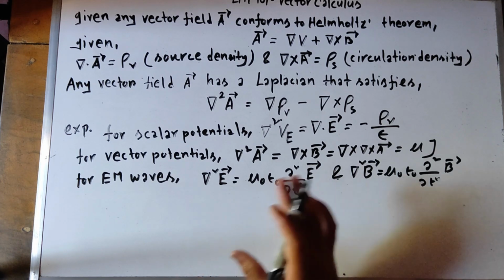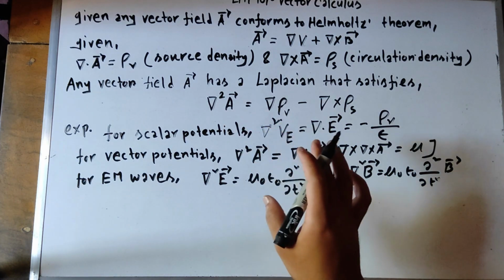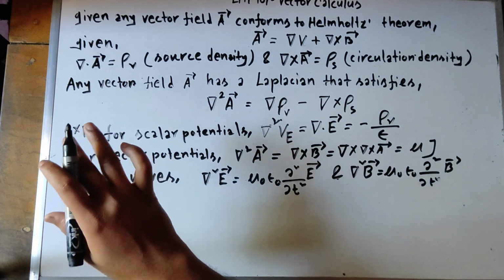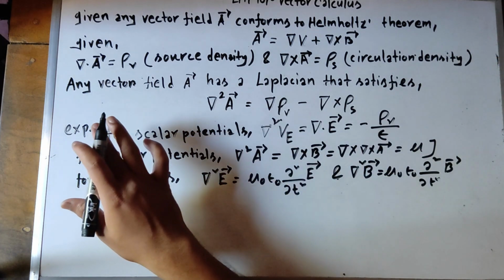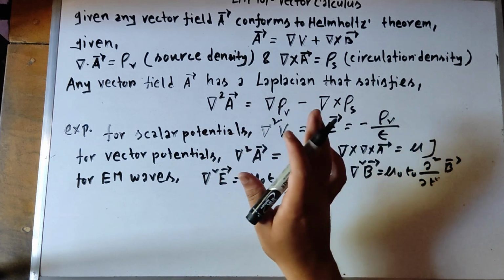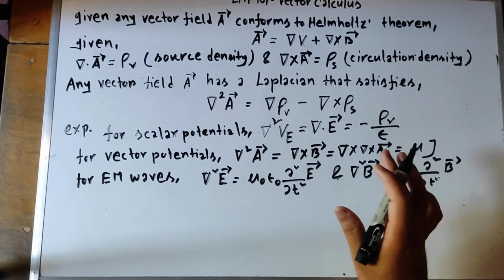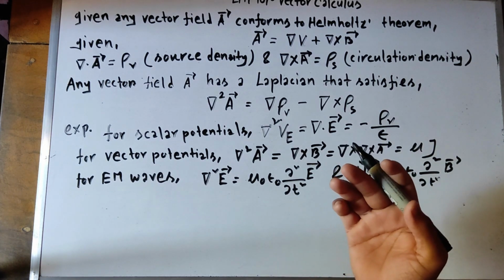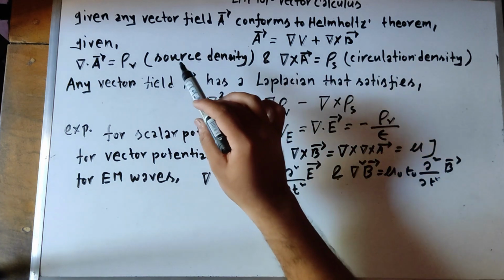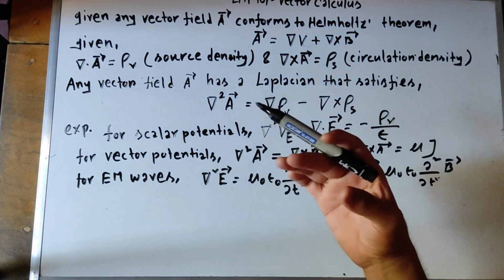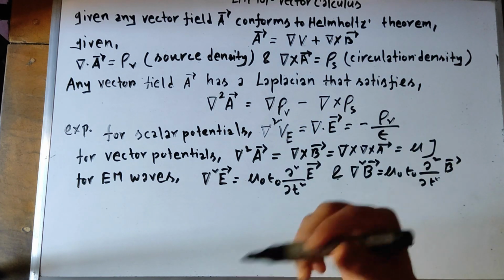So I have given the example of the relation that under the Helmholtz framework, any vector A has a Laplacian that satisfies this relation. If I take this relation, any vector that satisfies certain conditions can be decomposed into two distinct components.